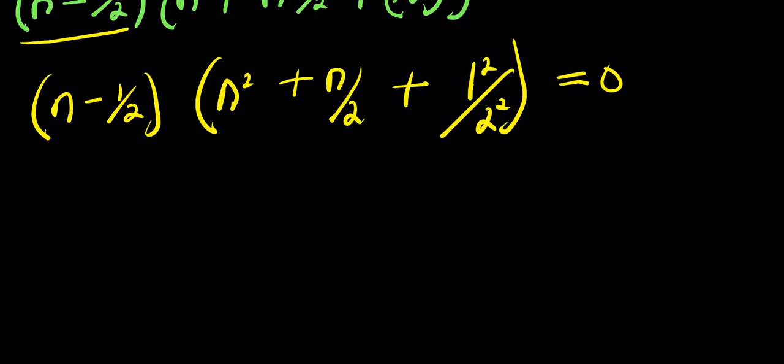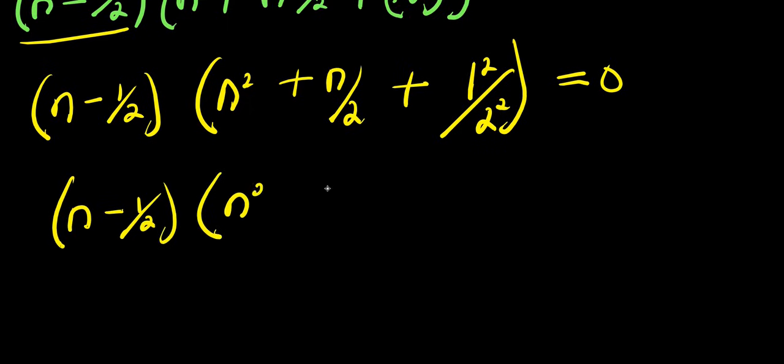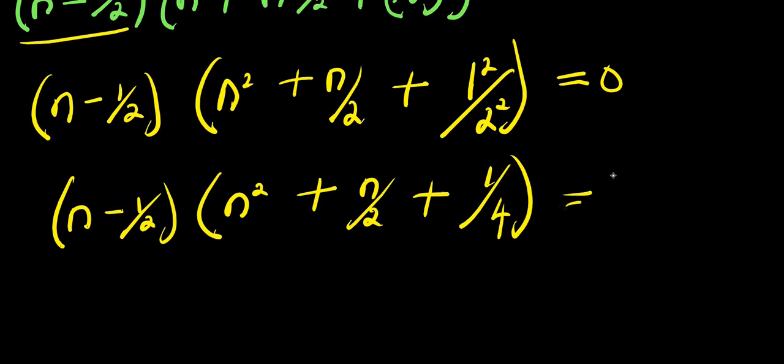So from here, I have n minus 1 over 2 times n squared plus n over 2 plus 1 power 2, that is 1 divided by 2 power 2, that is 4, equals 0. So this is what we are going to do.